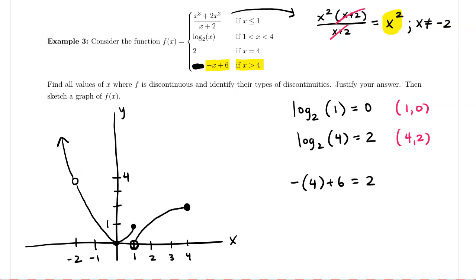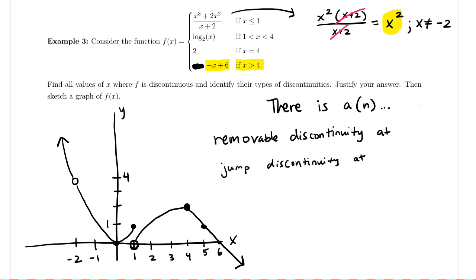That means that my graph would go through the ordered pair of 4, 2, but remember it's just greater than, but it was filled in earlier from the third row, and then from there we have a slope of negative 1. So I'd go down 1, right 1, and I go down 1, right 1. So this is 5, this is 6, and my graph will go down like that.